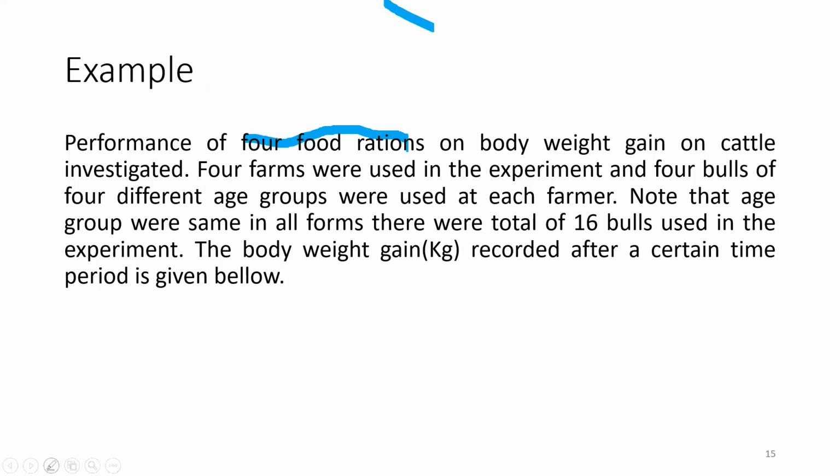That is our response variable. 4 farms were used in the experiment, and 4 bulls. Now we have identified our 3 factors. The treatment is the 4 foods, and we have considered 4 farms and 4 bulls of 4 different age groups.